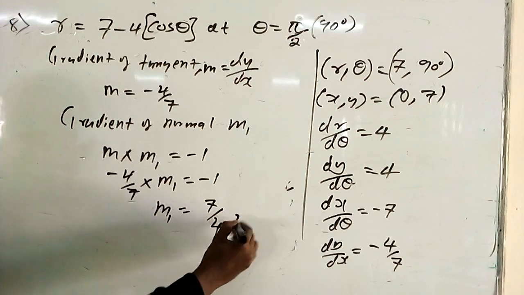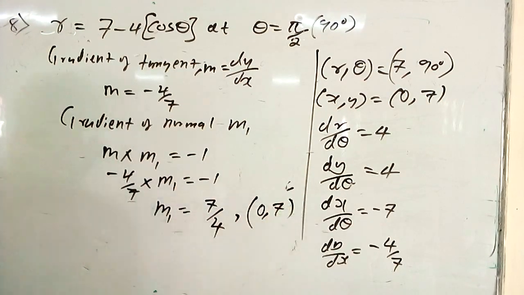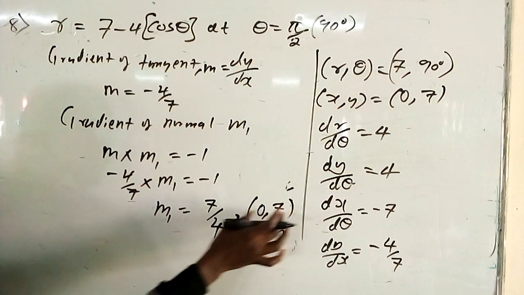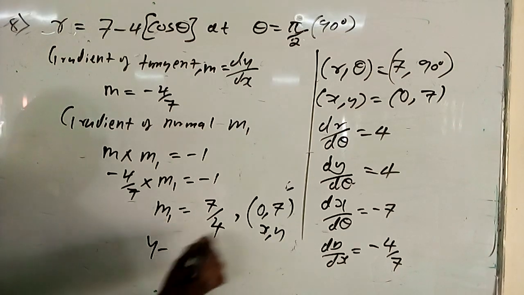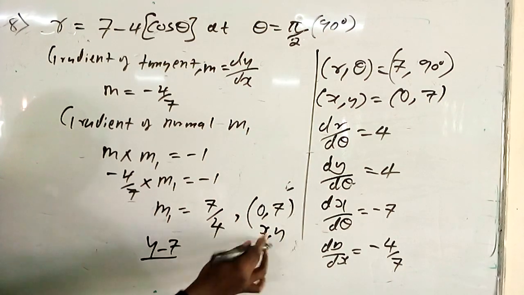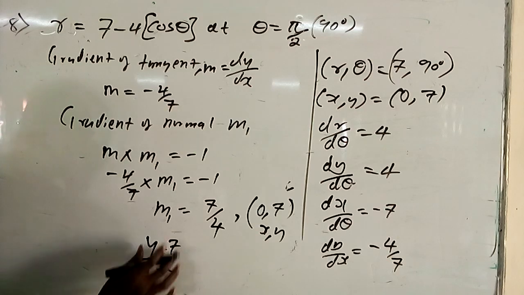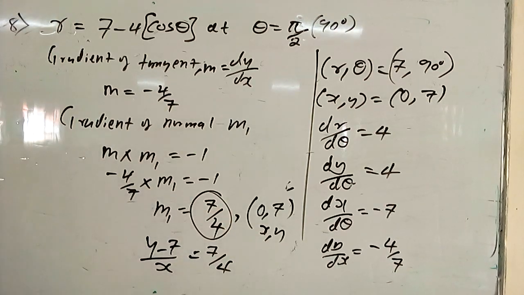And after that, we found the known point x, y to be 7, 0. So if we have one known point and the gradient, we get the equation. Gradient is change in y over change in x. So change in y is y minus 7, change in x is x minus 0, which is just x. This is equivalent to 7 over 4.